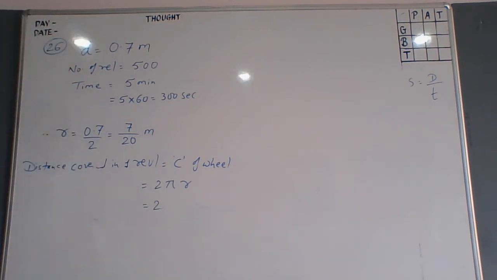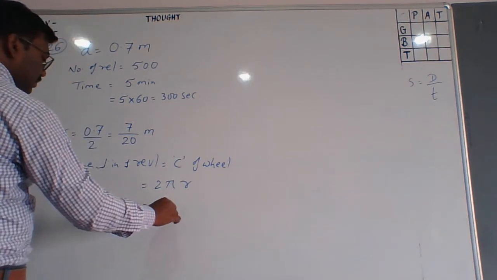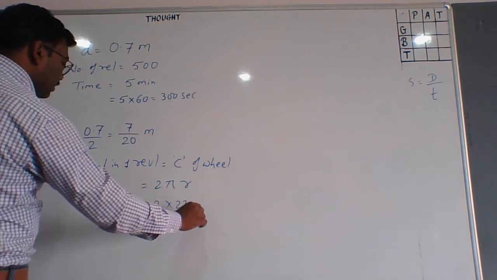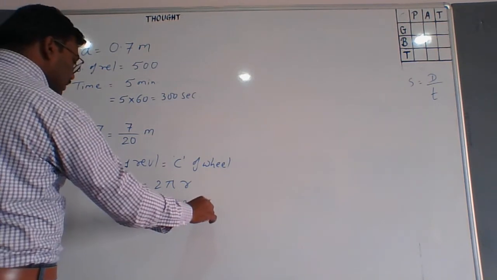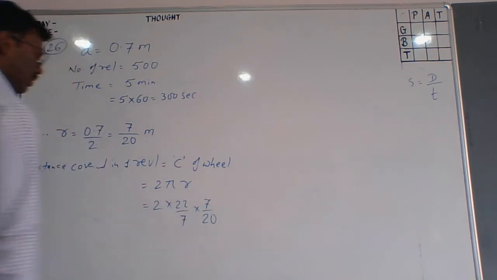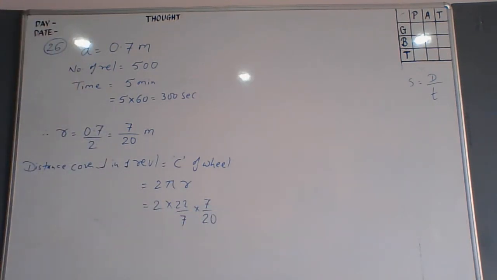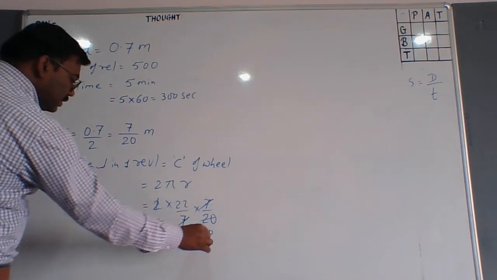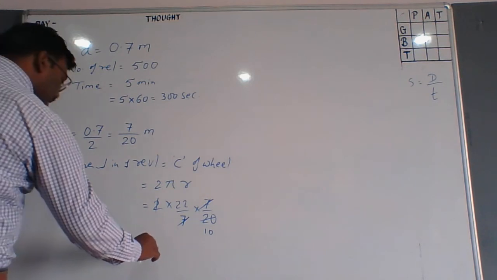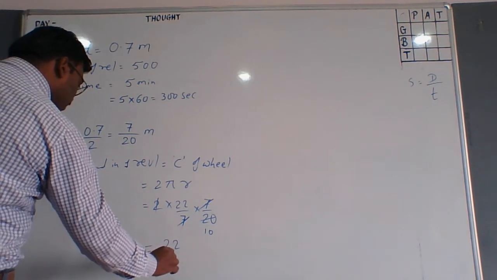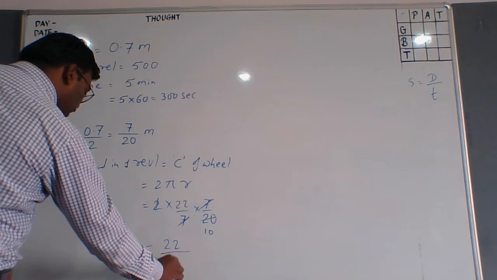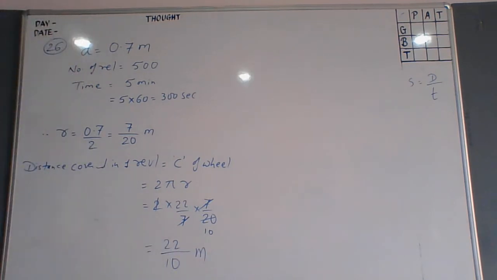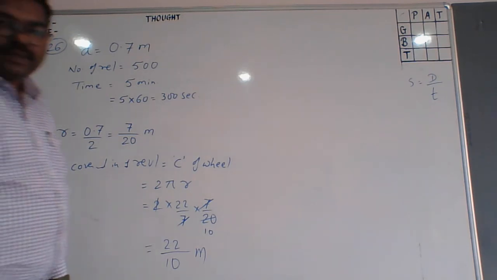The value of pi is 22 by 7, and the radius is 7 upon 20. Now 7 will get cancelled, 2 tens are 20, so it becomes 22 upon 10 meter. 22 upon 10 meter is the distance covered by the wheel in one revolution.